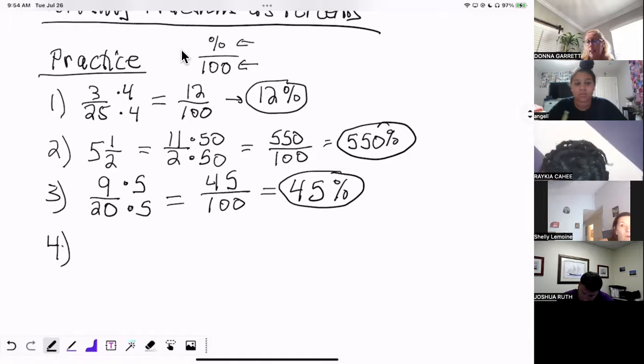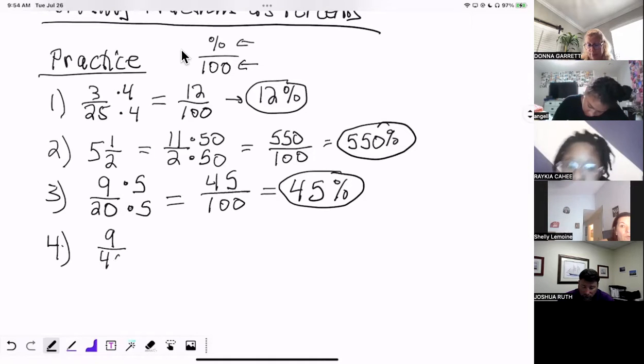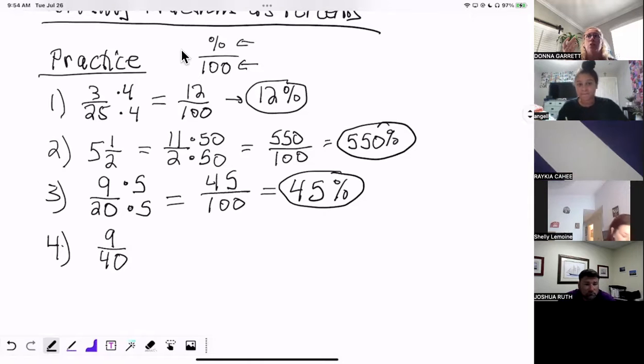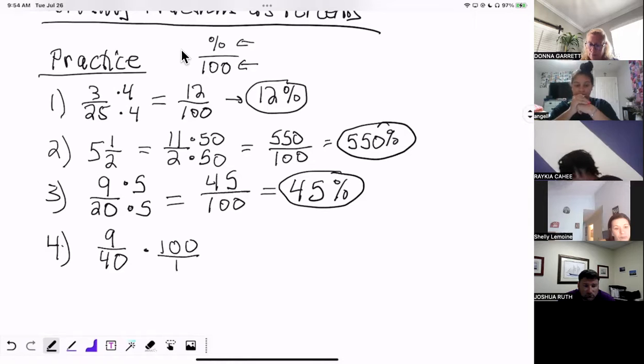So let's do one that's not going to give you 100. So 9 over 40. All right, so this is the first one that we can't get 100. 40 times what is 100? You could try to figure out the decimal form to multiply it by, but there's nothing easy. You can't multiply by anything easy to get 100. So what you do is you multiply by 100 over 1.